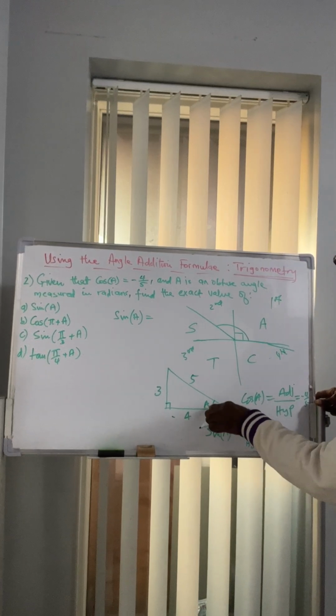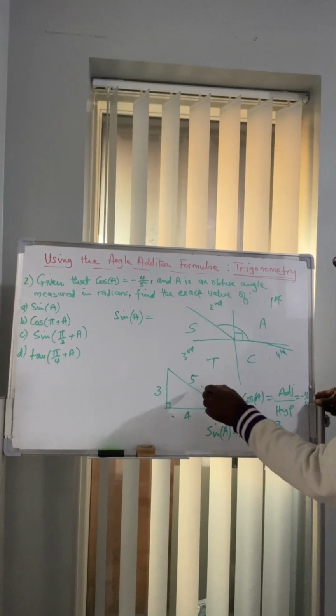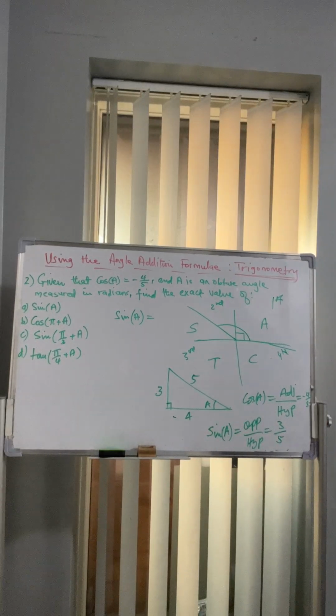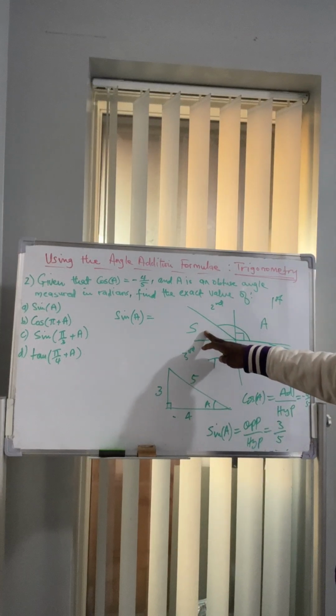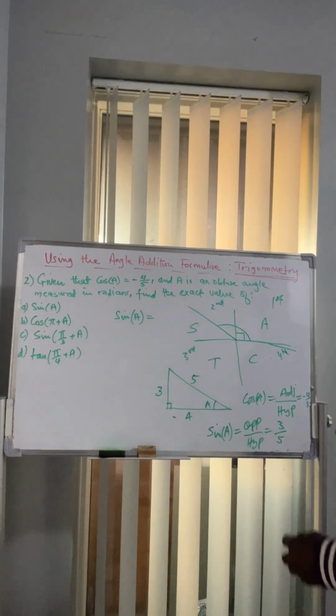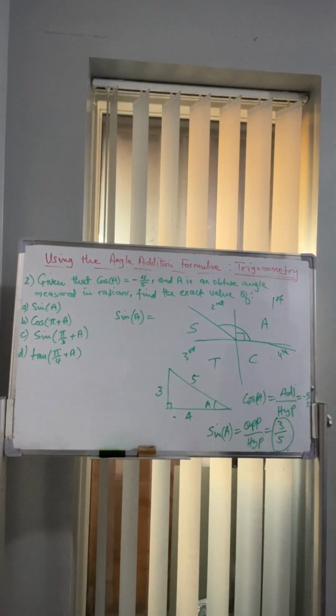The opposite side is 3 and the hypotenuse side is 5. Because we are looking at the second quadrant and the sine is positive here, this value has to be positive.